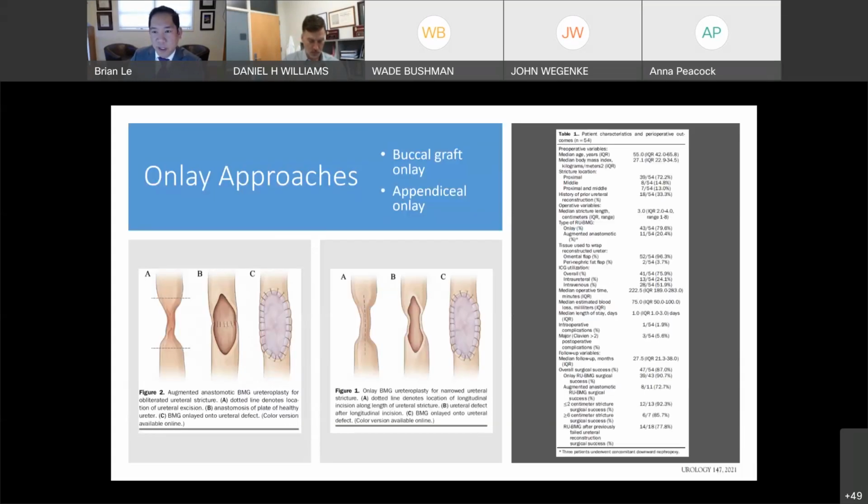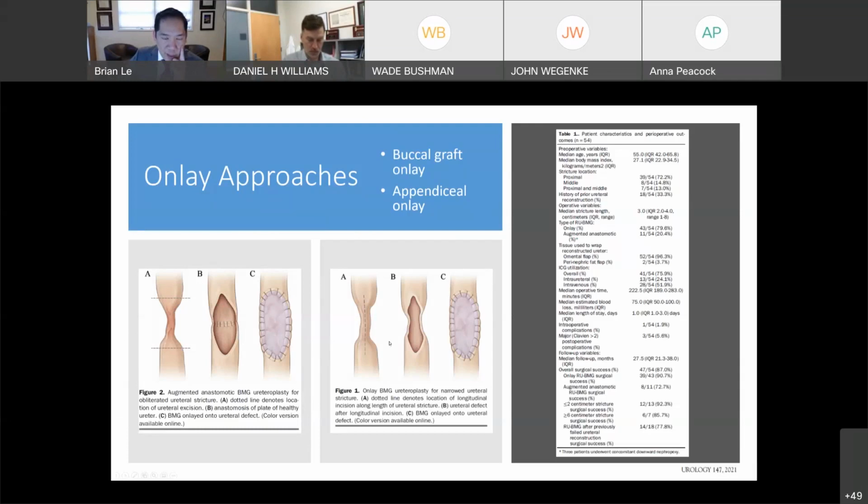So what are some of the different approaches you can consider for these more proximal strictures? These are some onlay approaches. Here's an augmented approach. You actually cut out the segment along the dotted lines, and then here they use buccal graft to augment it.